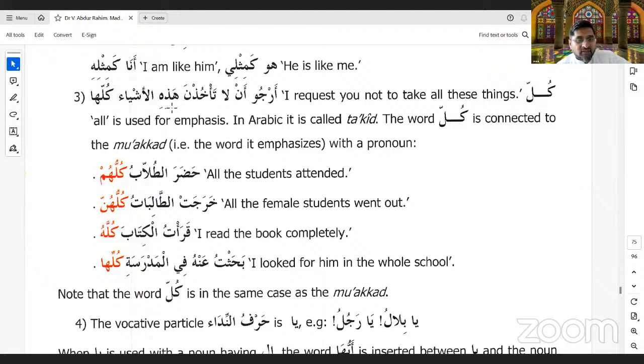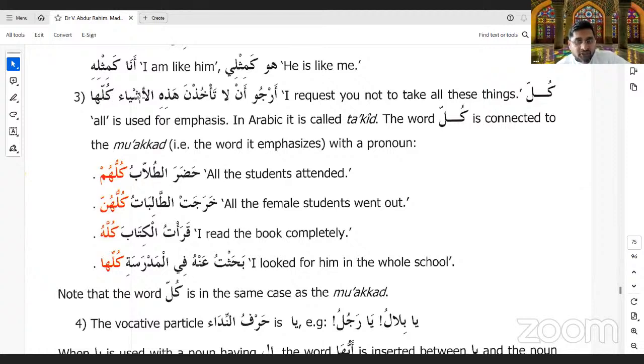It is emphasizing these things, so it follows the same harakat. So arju alla ta'khudna. You do not take what? These things. So hadihil ashya is the object. So for the harakat of kul, the first letter gets a dhamma, the lam gets a fatha. Kullaha.